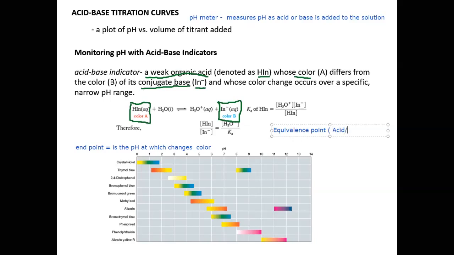And we'll talk more about the pH of equivalence points of different types of acid-base reactions. But this is the pH at which the moles of acid equal moles of base. And notice that it's moles, not molarity, not mass, not volume.